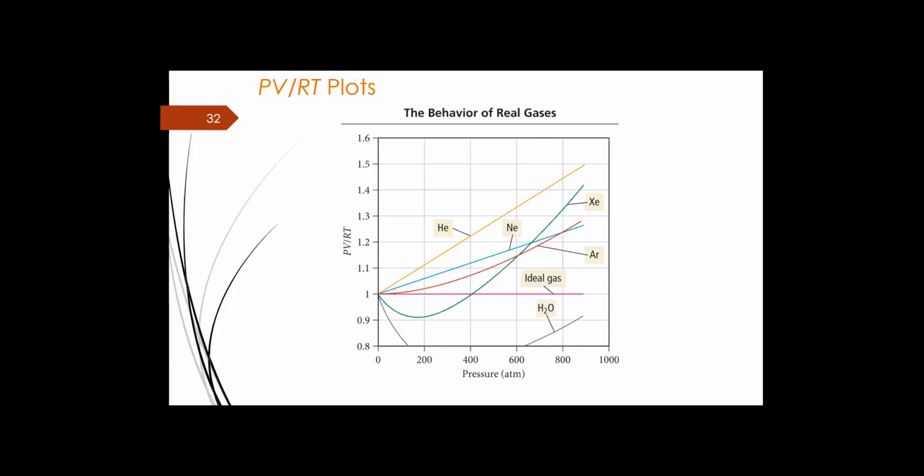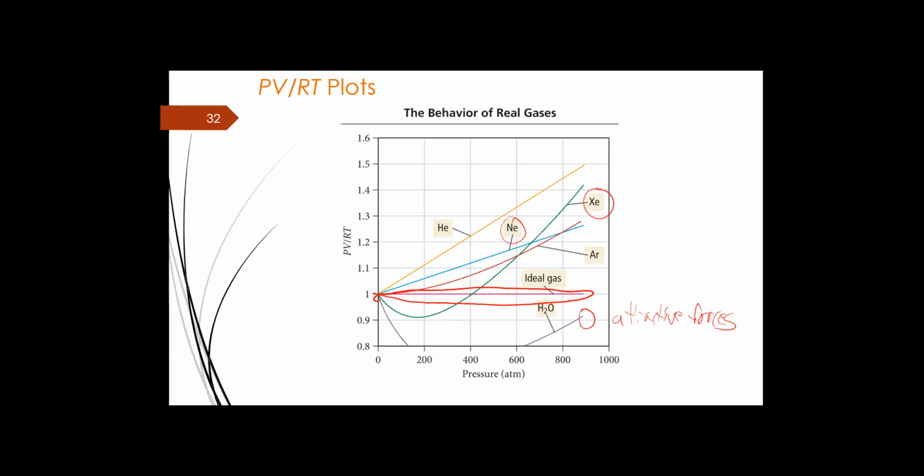And so this is our ideal gas curve right here, the straight line. And you can see down here, this water is being driven by its attractiveness, so there are attractive forces, whereas things like xenon or neon are being driven by their size.